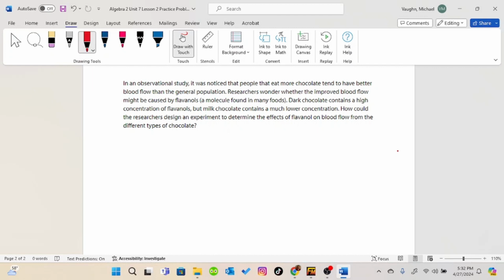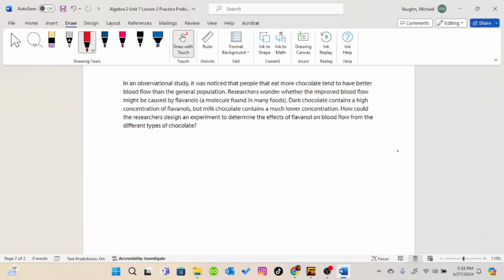In an observational study, it was noticed that people that eat more chocolate tend to have better blood flow than the general population. Researchers wonder whether the improved blood flow might be caused by flavonoids, a molecule found in many foods.